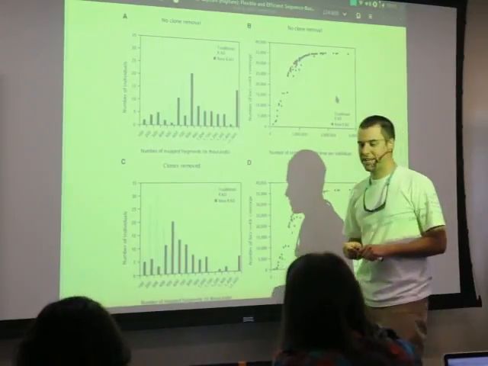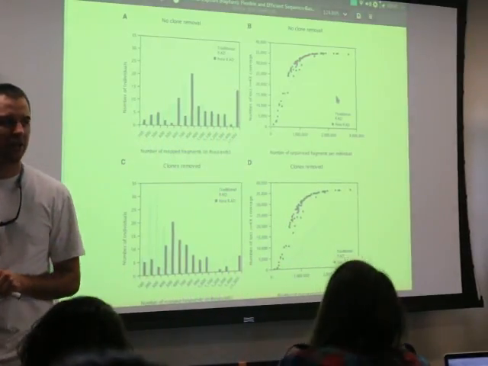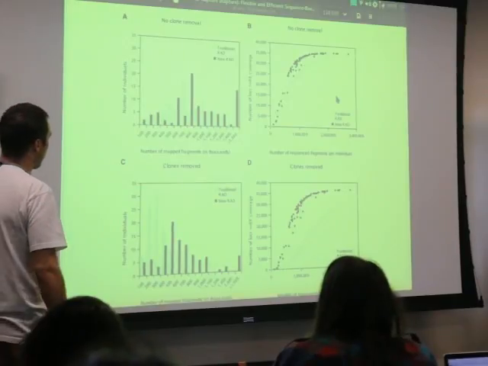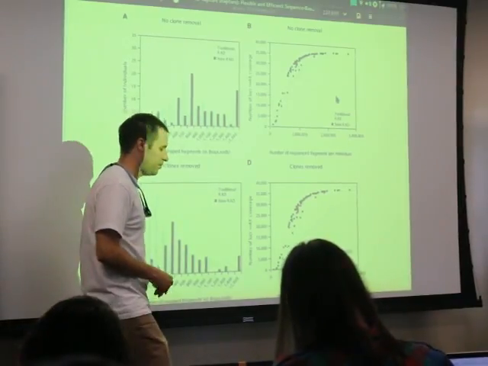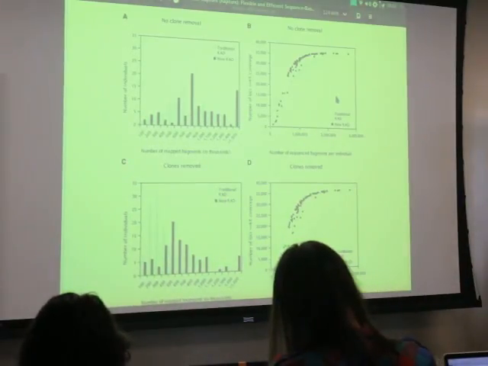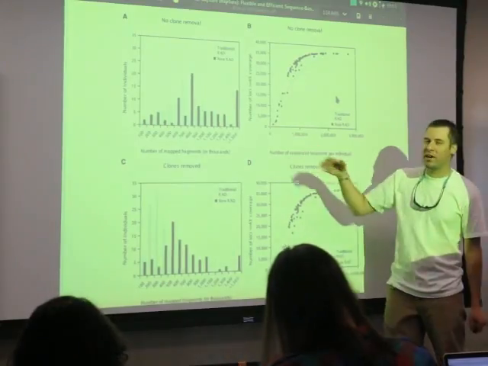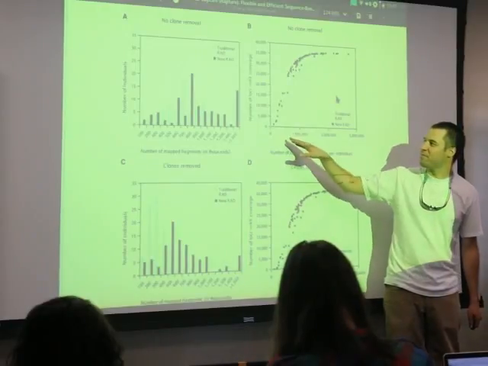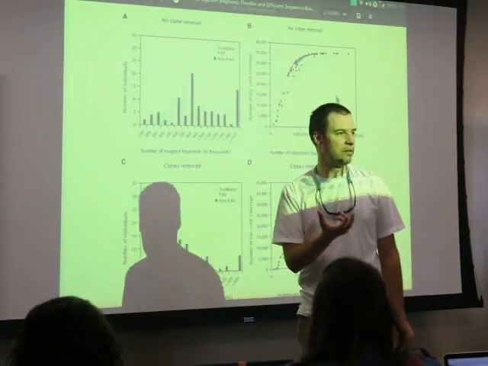But this is just an example of one of our main justifications for developing this new RAD protocol. Basically, we can quantify the number of mapped fragments, or here's a better way to think about it. For every individual, we have some particular number of sequence reads.